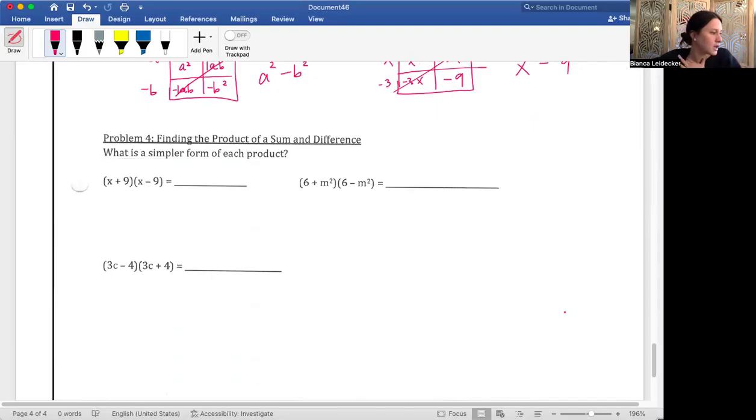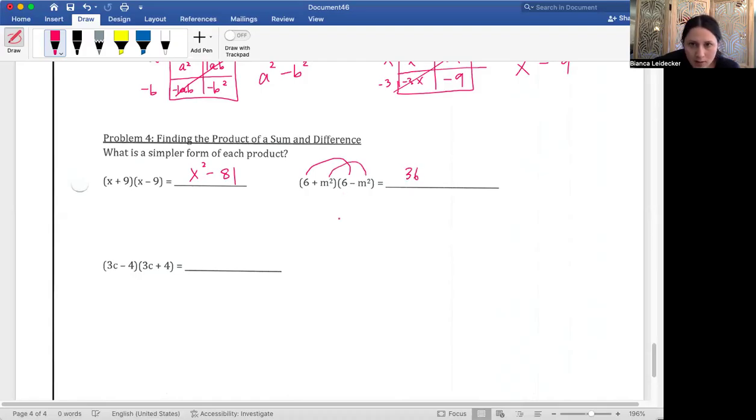Last bit, problem 4. So working out these problems, hopefully it shouldn't be too crazy. It's going to be the squares of the two terms. So x squared minus 81. Here, I'm going to square these. That would be 36.